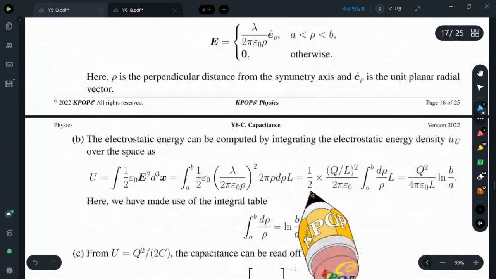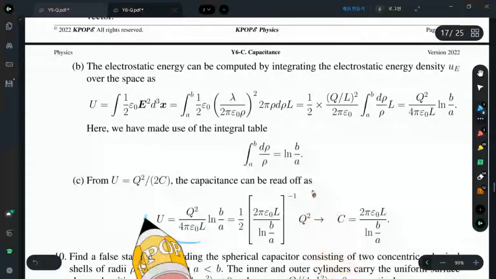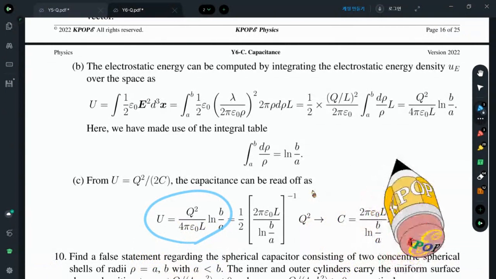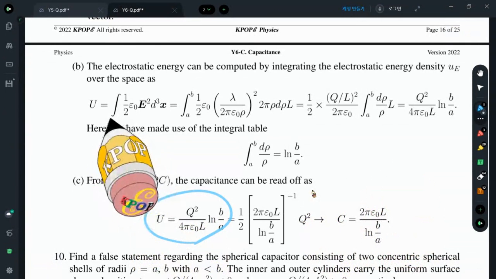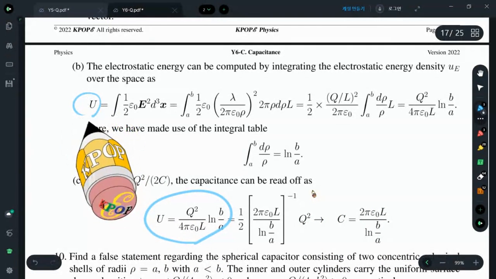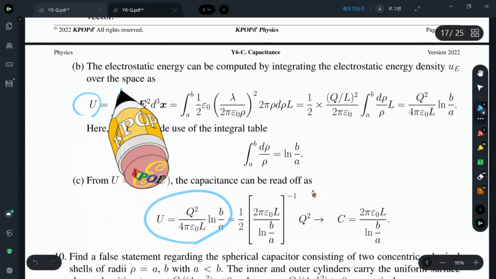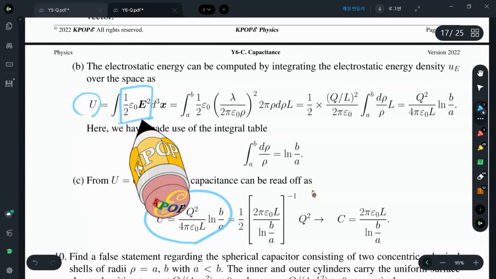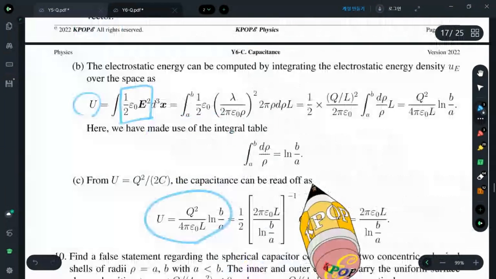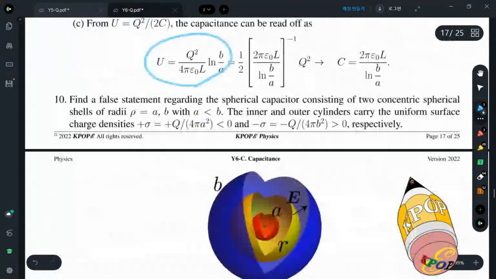Again, we evaluate the electrostatic energy in the case of B going to infinity, and the electrostatic potential energy can be computed by the volume integral of the electric field energy. So they are identical to each other.